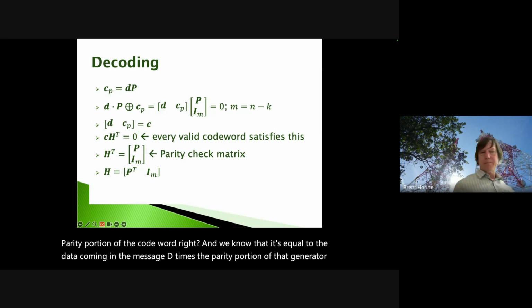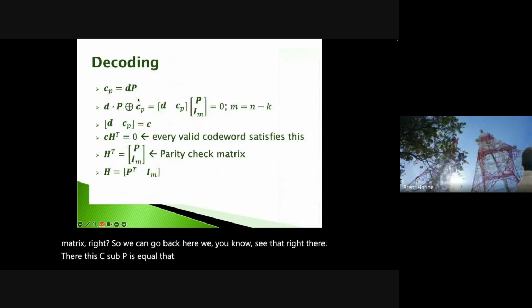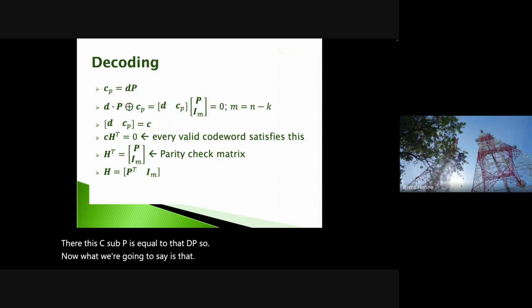So we can go back here, and we see that right there: this C sub P is equal to that DP. So now what we're going to say is that if these are equal and we do a modulo 2 operation, what should the result be?